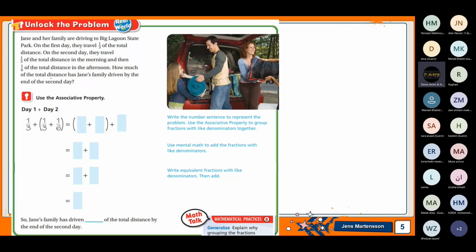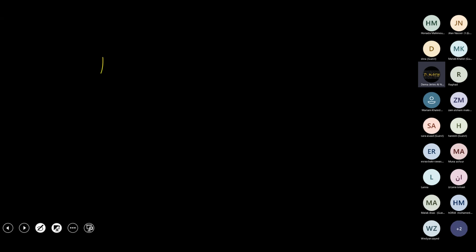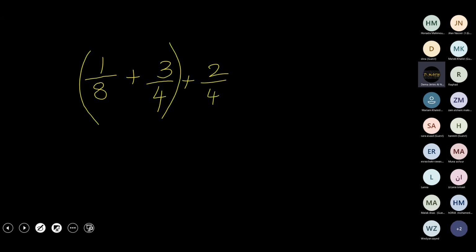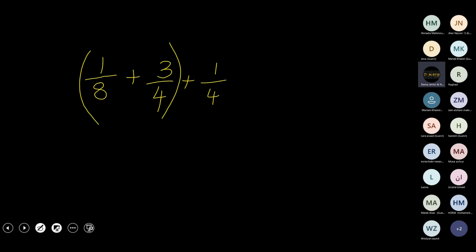Now, let's start with the first question here. But the most important thing to know today is how the associative property can help me. Like if you have 1 over 8 plus 3 over 4 plus 2 over 4, or let's make it 1 over 4, and we're going to add them.